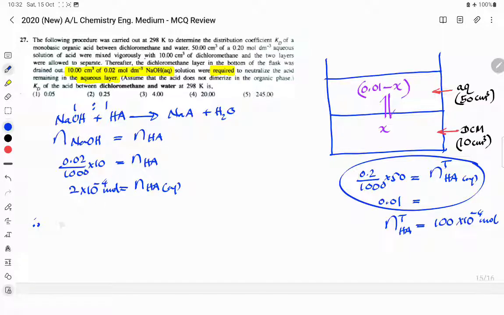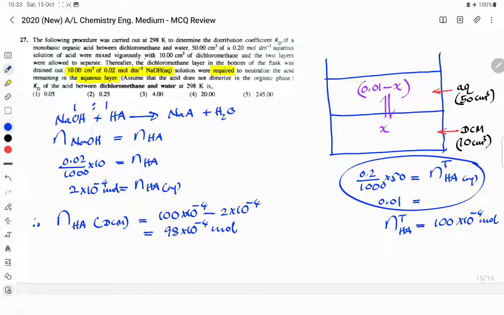Therefore, the extracted amount, that means the amount of HA in the DCM layer, will be 100 × 10^-4, the total amount minus the remaining amount. So the dichloromethane layer will have 98 × 10^-4 moles of HA.